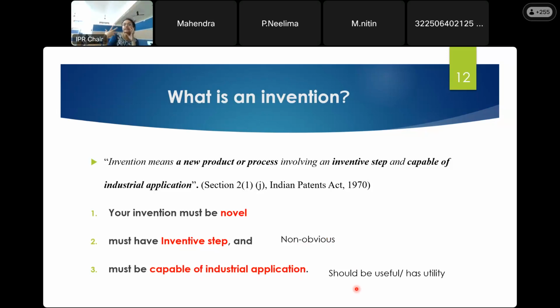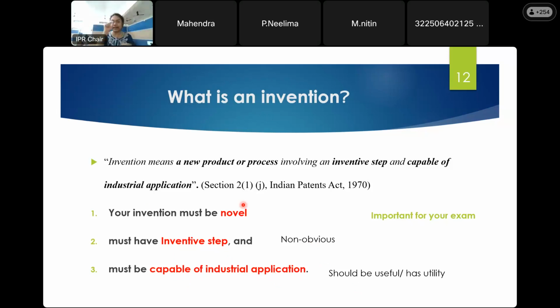That means it has some utility. It is useful. Okay, but according to the Patent Act, we use this terminology: first novel, then inventive step, then capable of industrial application. So these are the three things that are important for your examination.